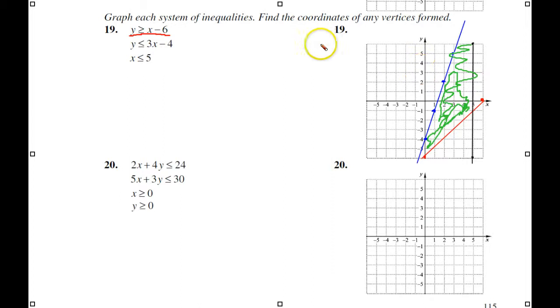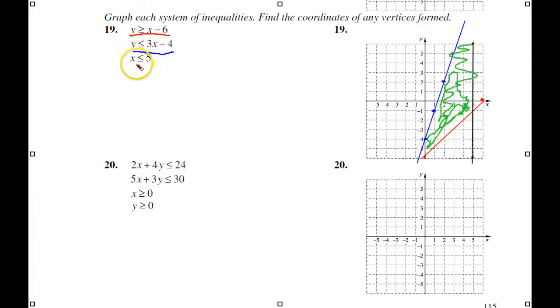Okay, in number 19, it got a little bit of a challenge here. And we see this is our first one. Our y-intercept is -6. Our slope is 1, so it went there. This is our second equation, which is in blue. Let's get a nice blue here.